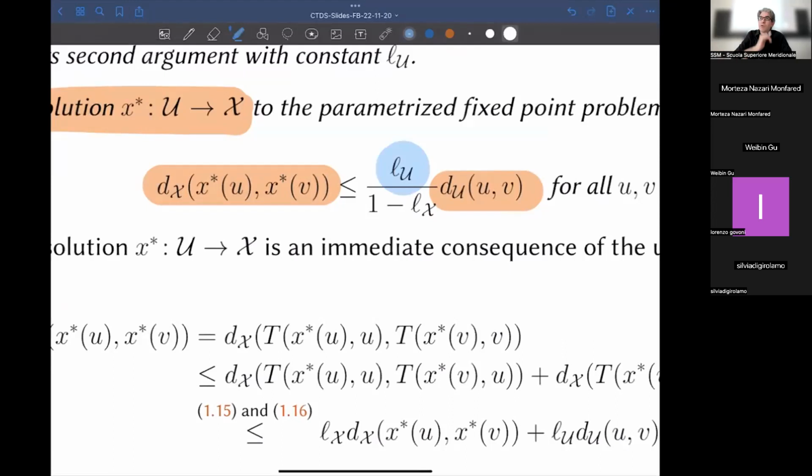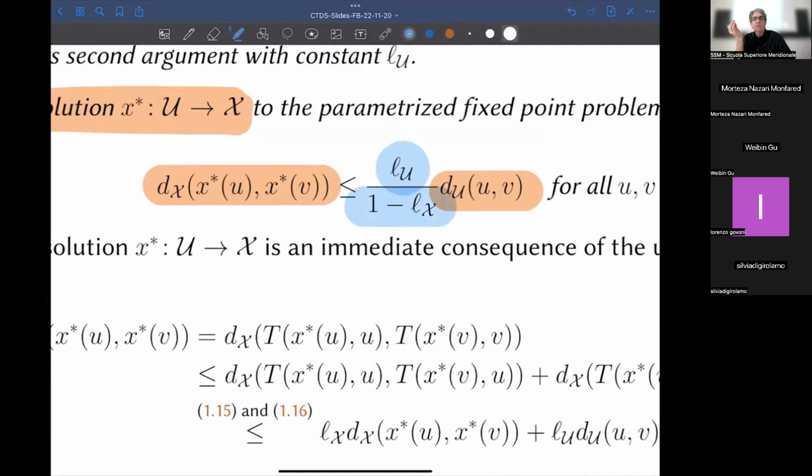And that upper bound is the Lipschitz constant with respect to U, how much U affects the fixed point problem, divided by 1 minus Lx. So the contraction factor, Lx, must be less than 1. But on the other hand, if it's very close to 1, say 0.999, then 1 over 1 minus 0.999 is 10 to the third.